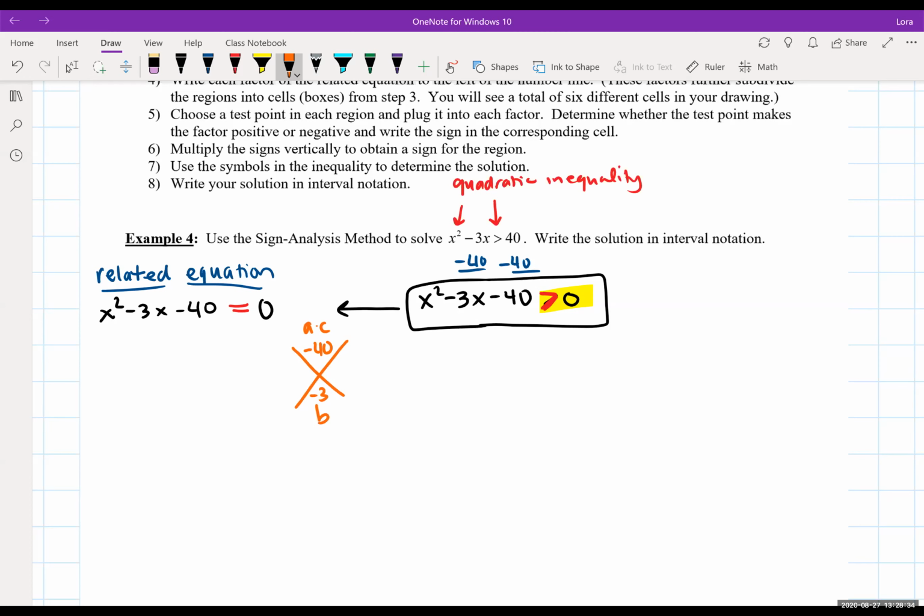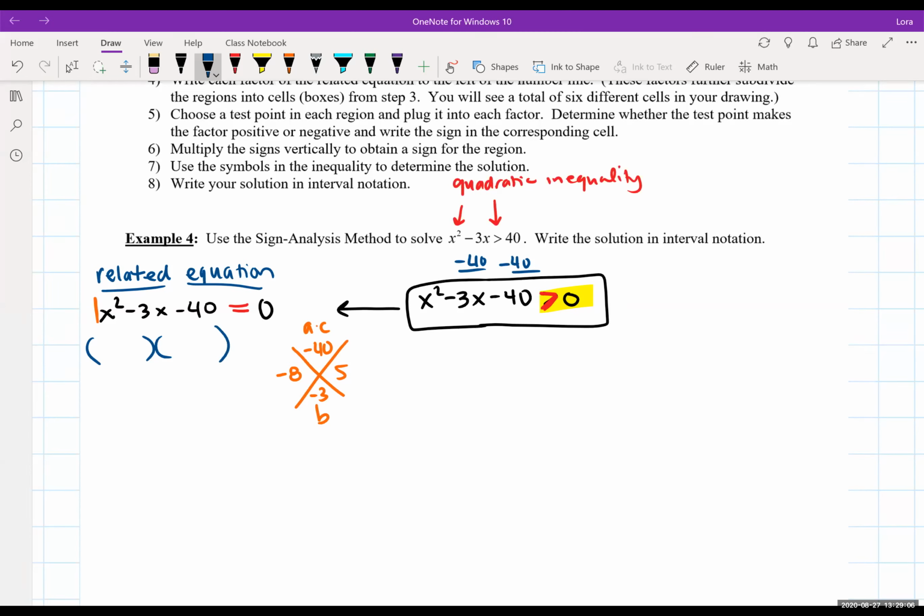The two winning factors would be 8 times 5. And if I need a negative middle term, or linear term, we should have a negative on the 8. So those are the two nice chosen factors. Because the leading coefficient is a 1, we can go directly and factor this right away. There's no extra step needed. Those are the quicker factorizations.